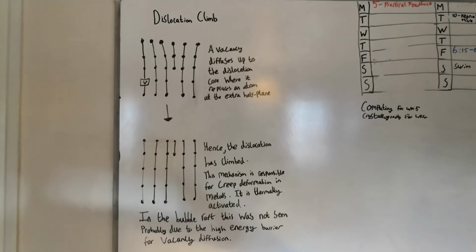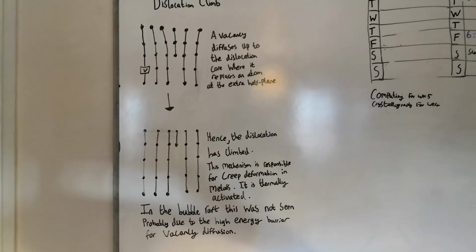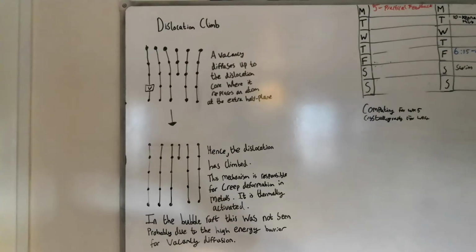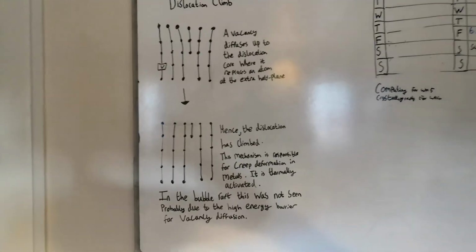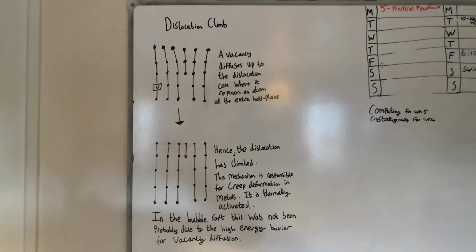It's not really seen in the bubble raft in the practical, probably because of the strong surface tension and the cohesive forces between the bubbles and the high energy barrier associated with the vacancy diffusion.